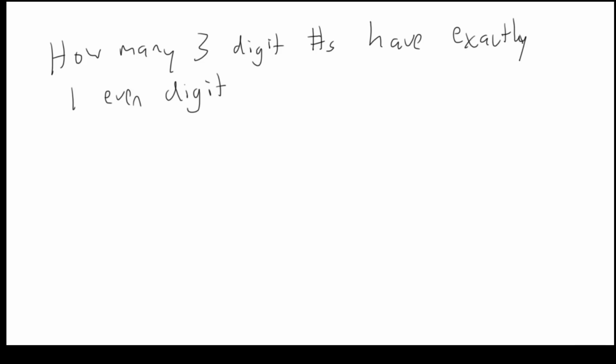Let's just list out the even digits first of all. The even digits are 0, 2, 4, 6, and 8. And the odd digits are 1, 3, 5, 7, and 9. The problem is asking how many 3-digit numbers have exactly 1 even digit.